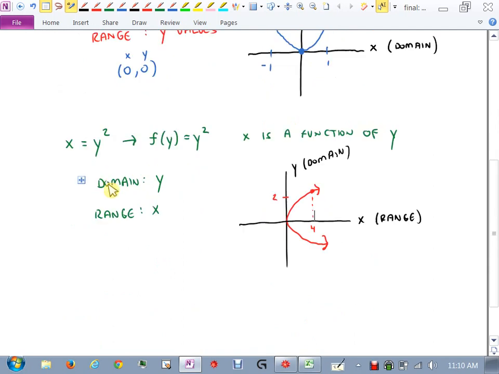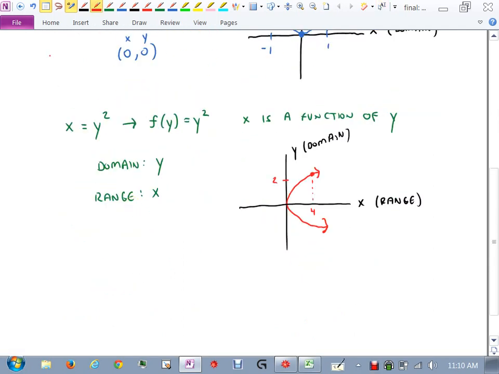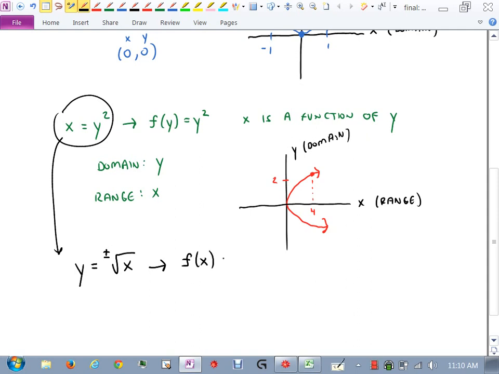So a good example of this would be, let's say you take this problem here, and you say, I want to solve it for y. You take the square root on both sides, right? So you get y equals the square root of x, but you have to do plus or minus when you take the square root, don't you? Now, could you look at this as being a function of x? Can you define a function of x to be plus or minus the square root of x? Is this possible?